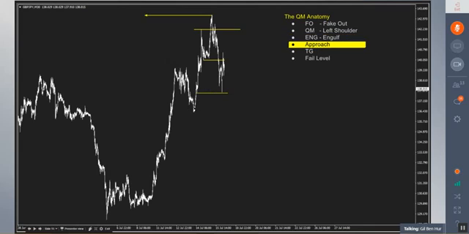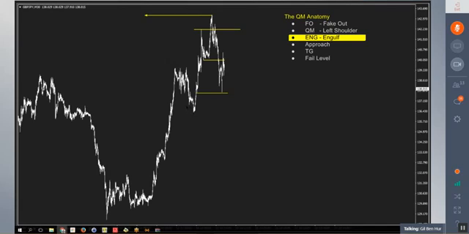You see here, we have, oops, let me go back. You see here we have another little Quasimodo level, and here we have some clean order flow here. This is the extreme target.